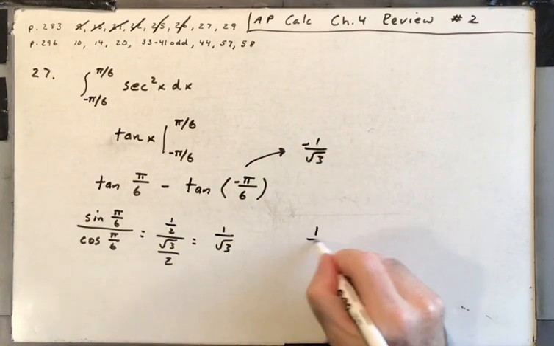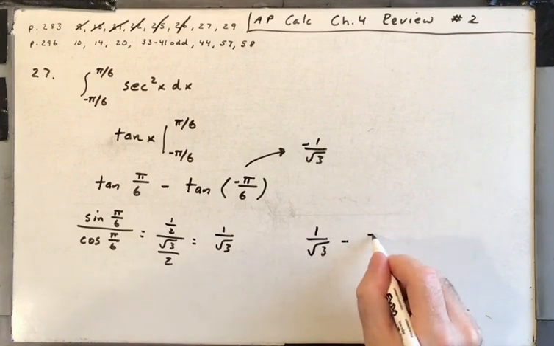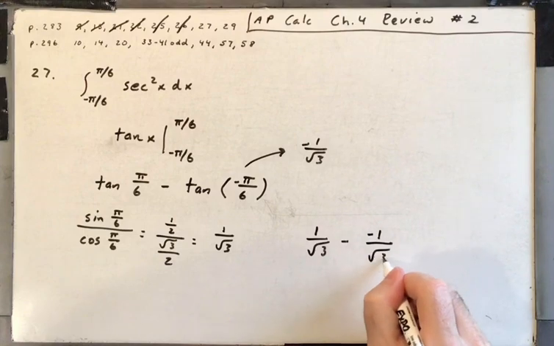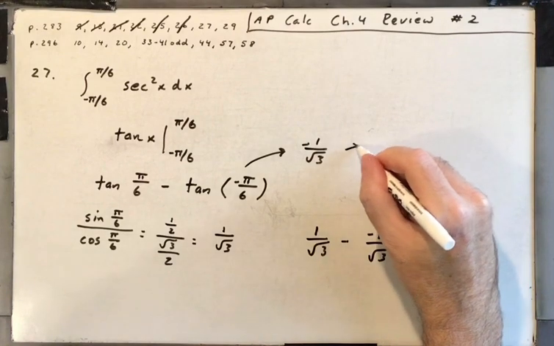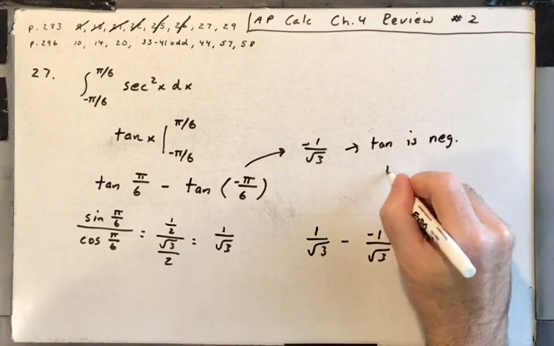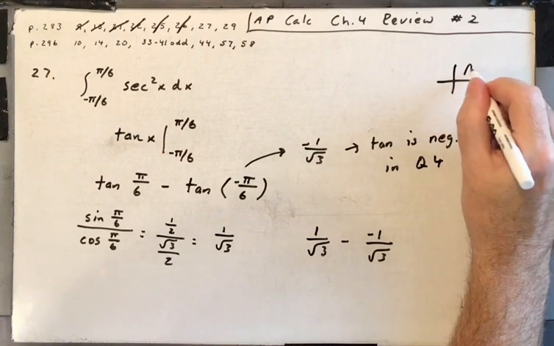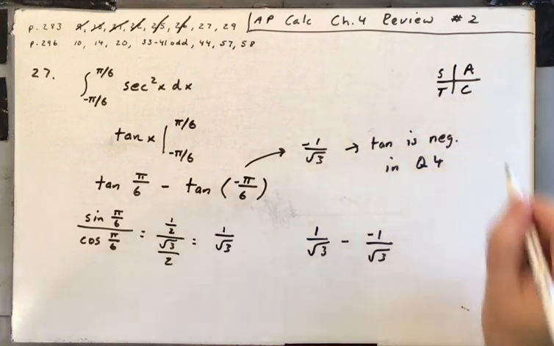So you'd have 1 over root 3 minus negative 1 over root 3. So again, tangent is negative in quadrant 4. ASTC.